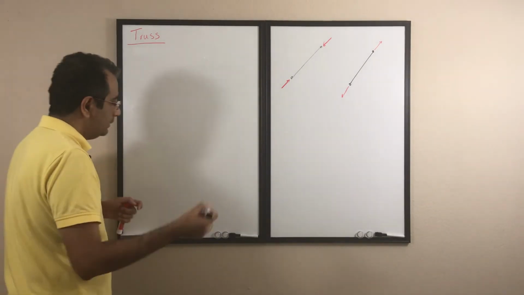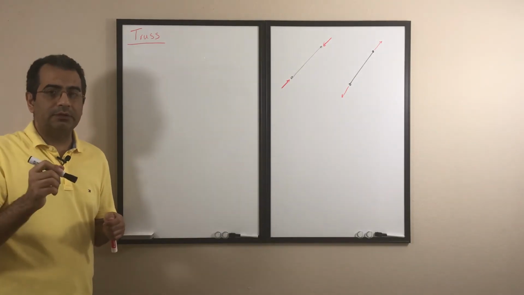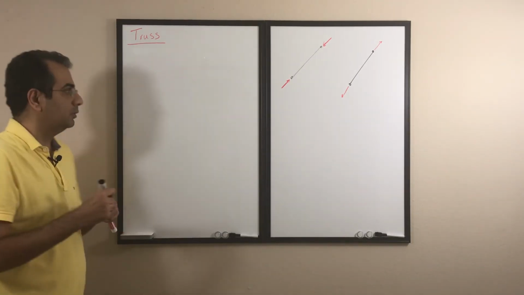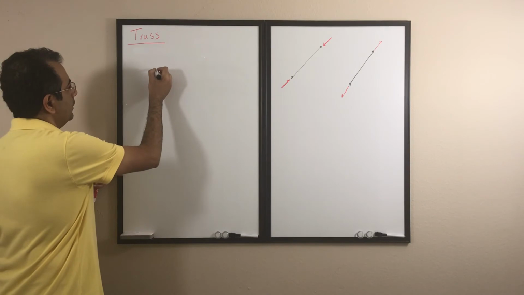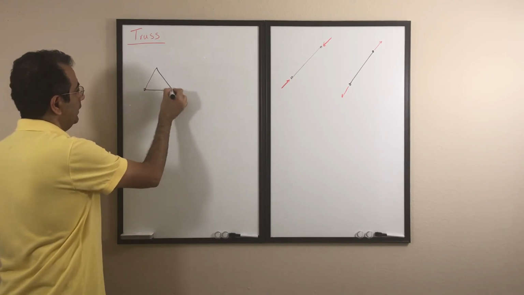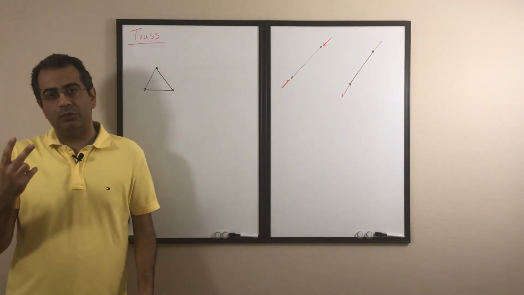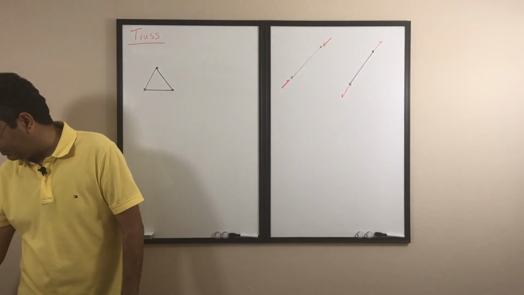To build a simple truss, we draw a triangle. So it always starts from a simple triangle. Then at every step, we only add two elements and one joint. So that's how we're going to work that.